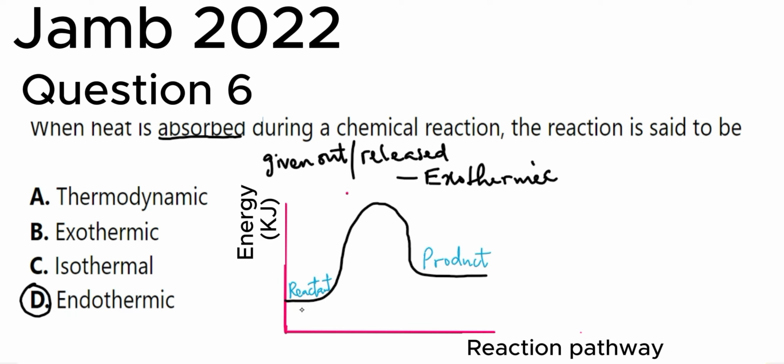The energy of the reactants is the enthalpy of the reactants. The energy of the products is the enthalpy of the products as well. We can now see the change in energy, that is change in enthalpy, delta H, is equal to the enthalpy of the product minus the enthalpy of the reactants.